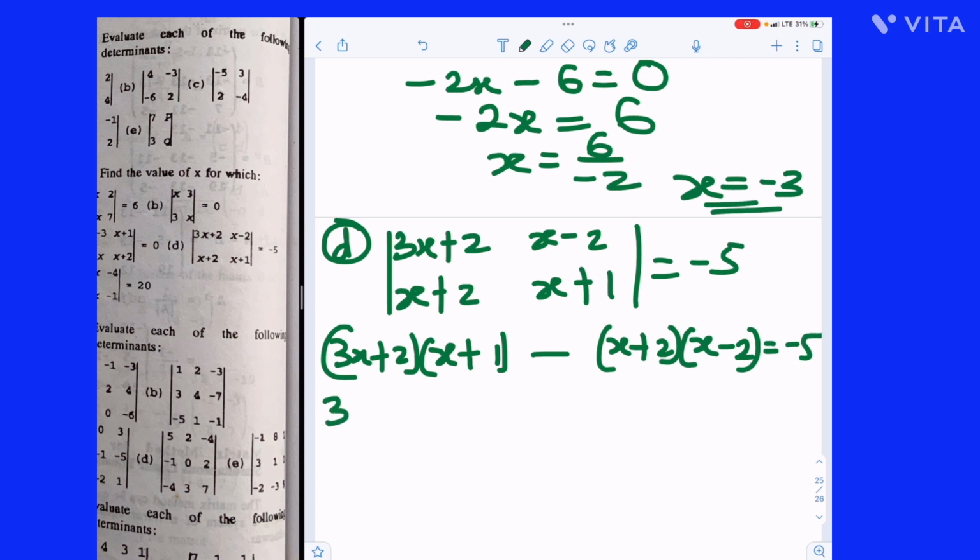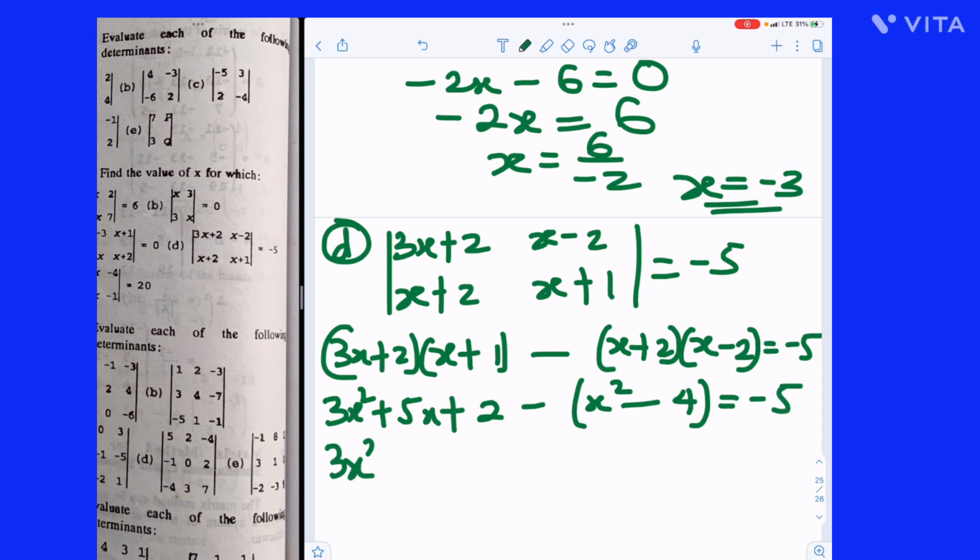This is going to give me 3x squared plus 3x plus 2x, that's plus 5x plus 2, minus, this is x squared minus 4, is equal to minus 5. So 3x squared plus 5x plus 2 minus x squared plus 4 is equal to minus 5.